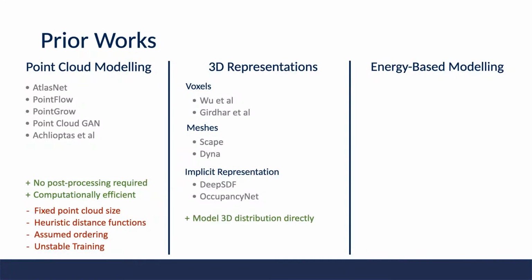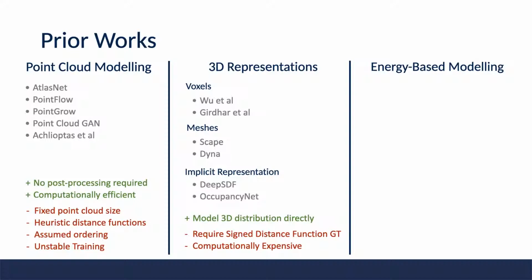These are fantastic because they actually try to model the 3D object directly. However, in the case of implicit representations, it requires us to compute a signed distance function, which is computationally expensive. And same with the other ones as well, especially meshes. Trying to produce a watertight mesh is quite expensive to compute.